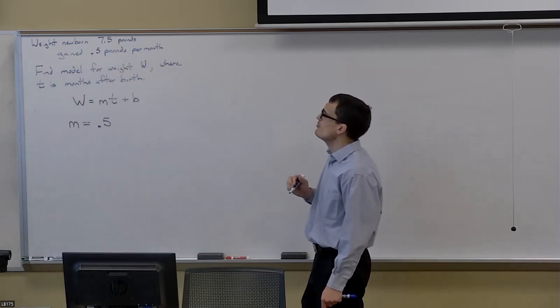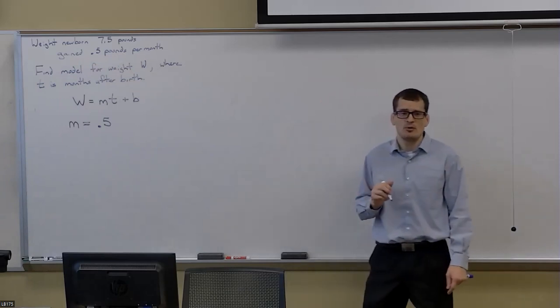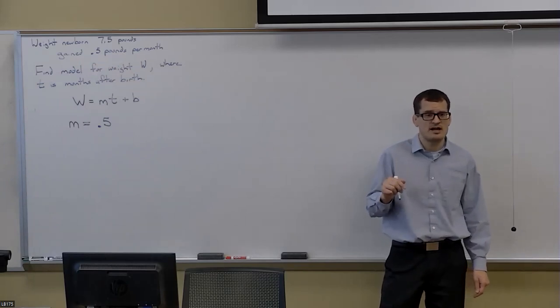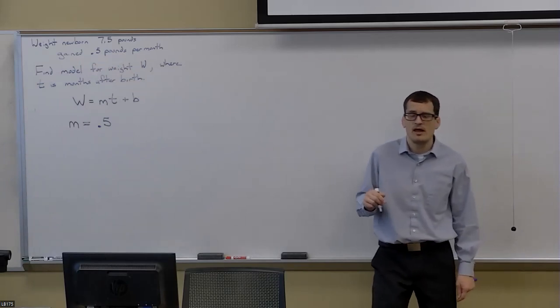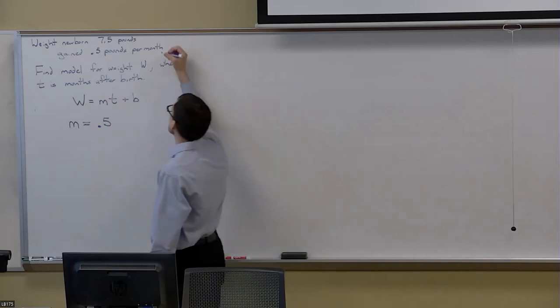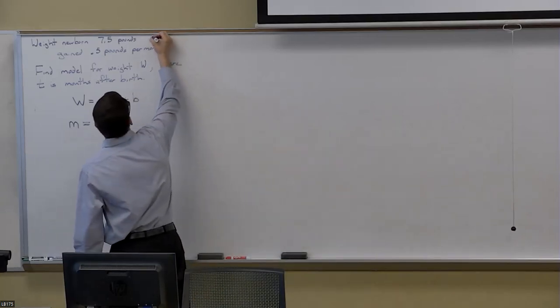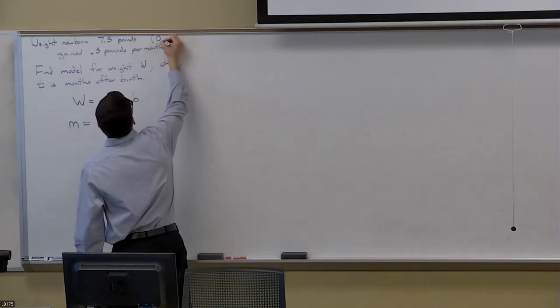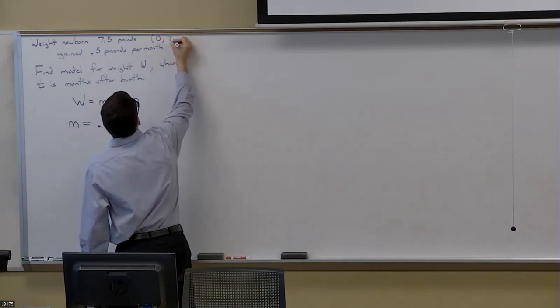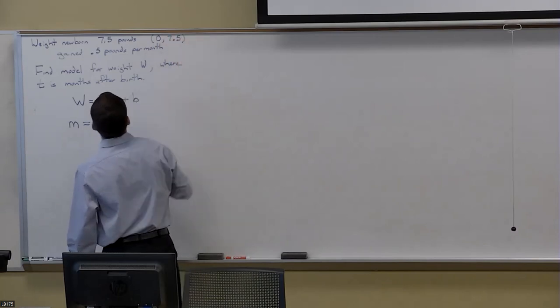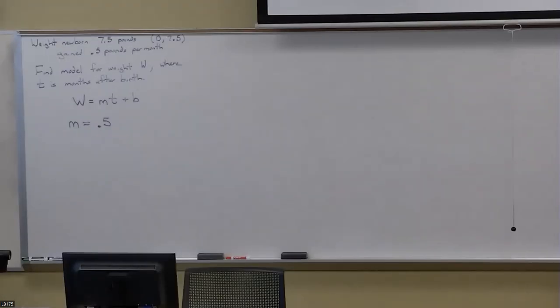The weight of the newborn being 7.5 pounds at the time of birth, that essentially tells me that I have the point (0, 7.5), right? At time of birth is time 0, and we know the weight is 7.5.